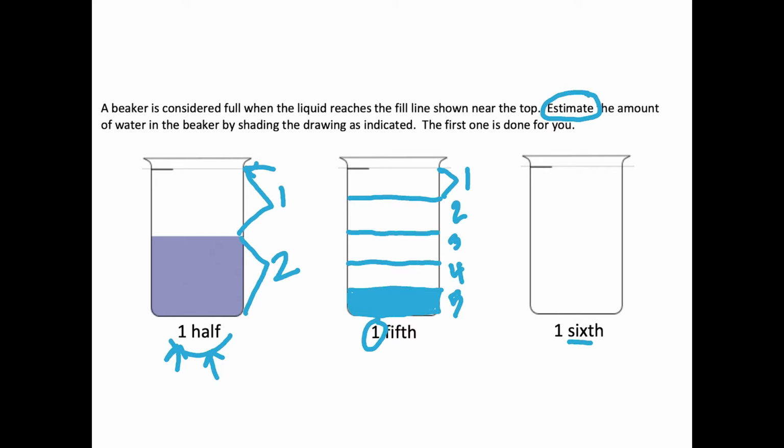And it's an estimate, so the parts don't have to be perfect, but I'm going to try my best to make them as equal as possible. 2, 3, 4, and 5. I'm a little off there, but that's okay. Okay, so I'm just going to make sure I have 6 parts. 1, 2, 3, 4, 5, 6. I did it correctly.